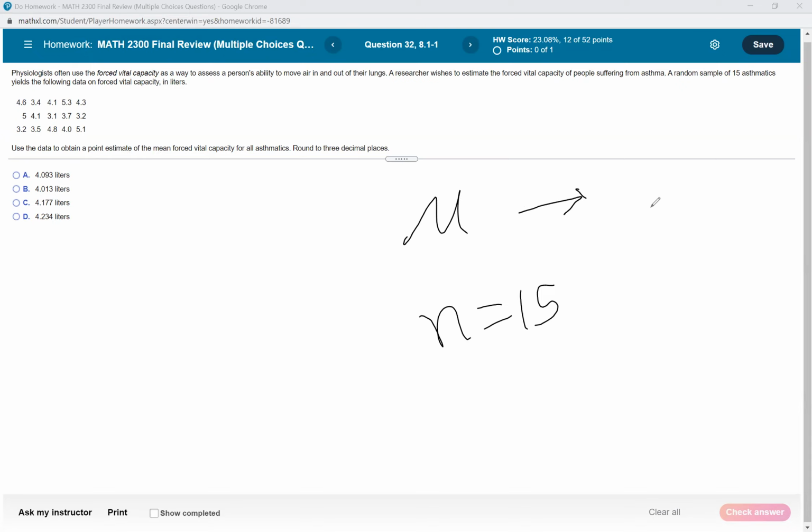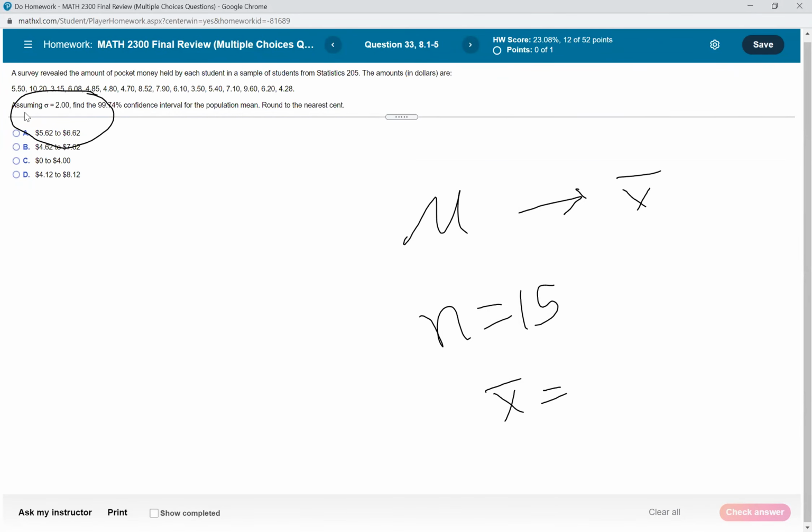The point estimate is X bar, so you add all the observations together and divide by 15. You just find the sample mean. Yeah, that's it.